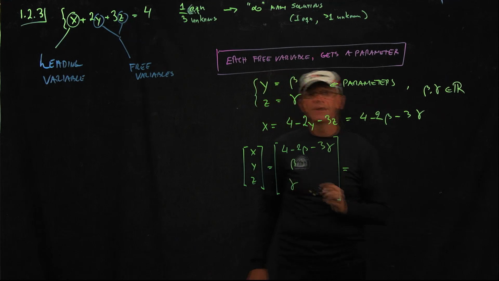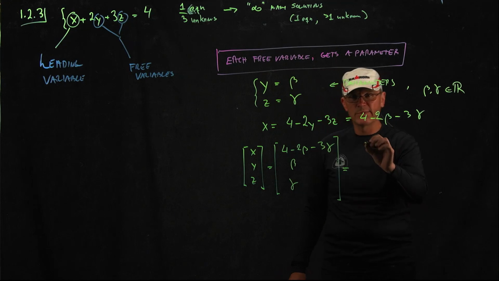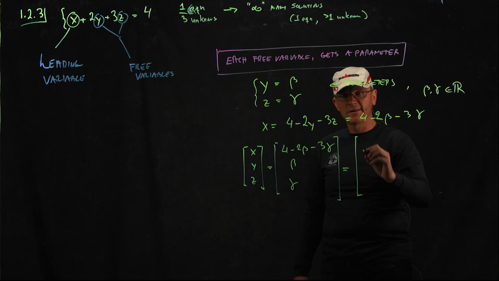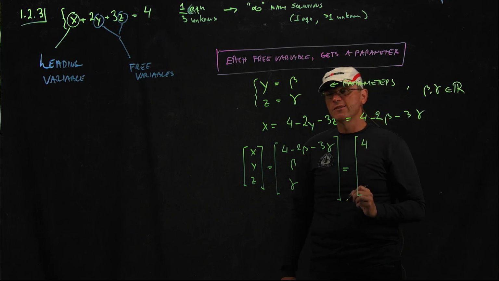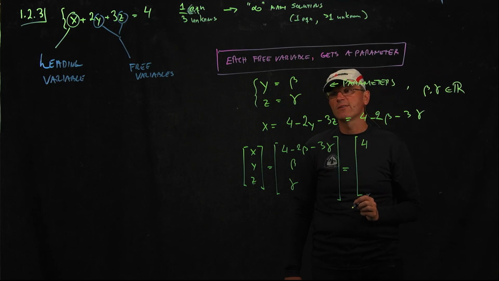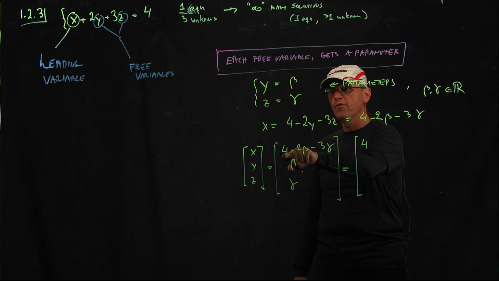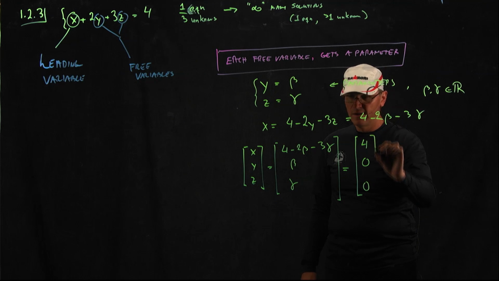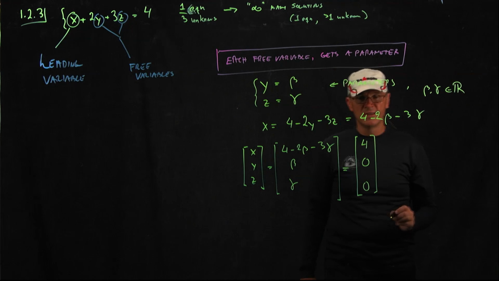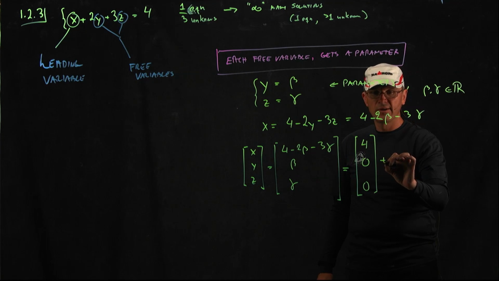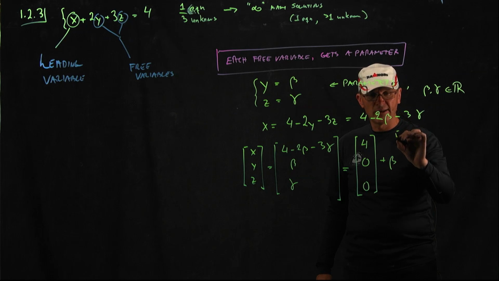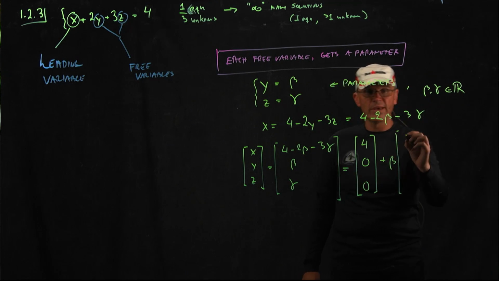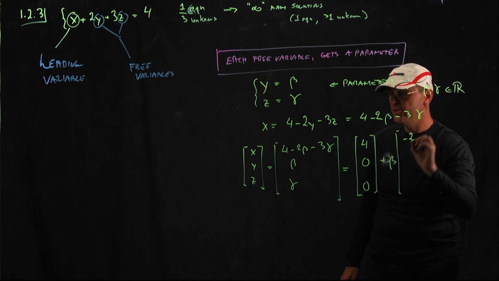And then we play the same game. So we split out first the constant part, whatever is not depending on beta and gamma. So x gets the 4. There's nothing for y and z. Then we have the beta dependence. So x depends on beta with a factor of -2.